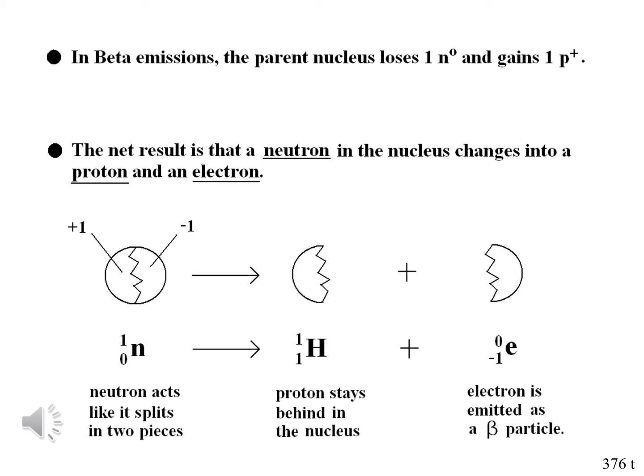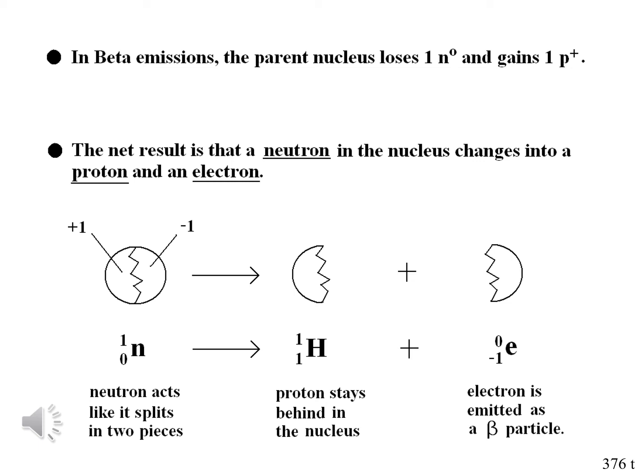If the neutron split in half, it's possible that the positive side, the plus 1, could be a proton that stays behind in the nucleus, and the negative side could be an electron that gets shot out. Now that doesn't prove anything, but it shows why it's reasonable.